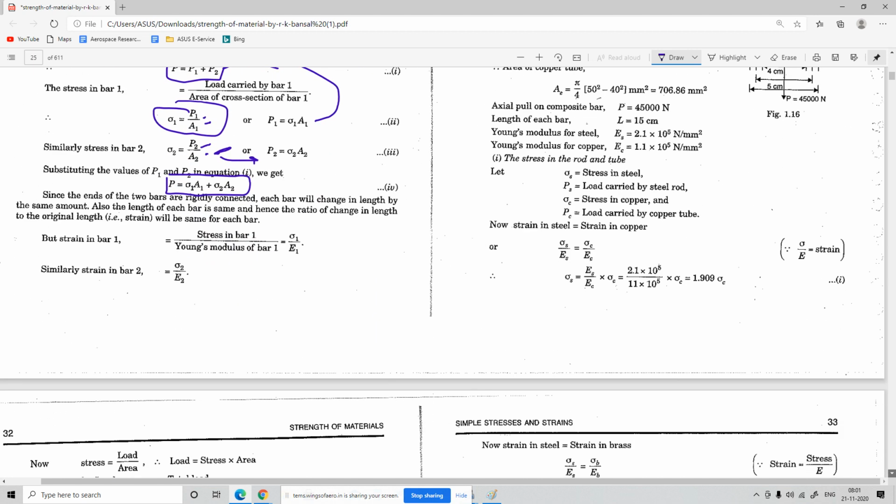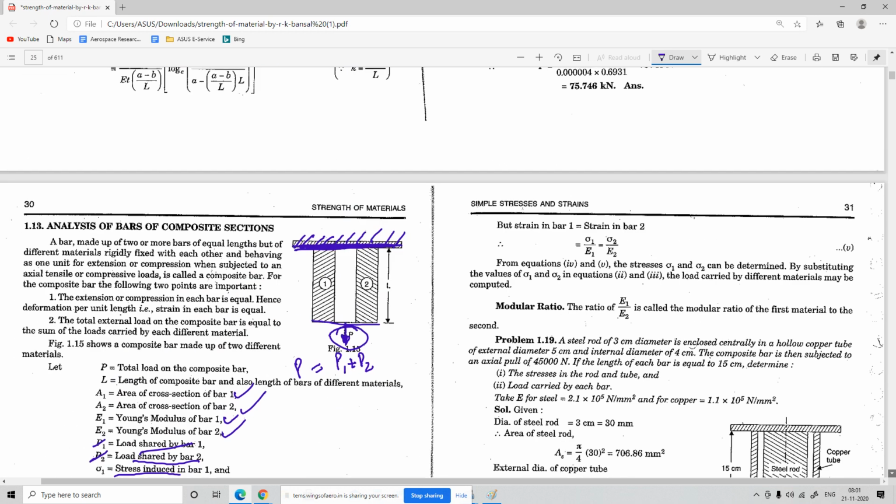So the strain for bar 1 will be sigma 1 by E1, and the strain for bar 2 will be sigma 2 by E2. Since they are attached in the same fixed zone and pulling in the same form and the length is the same, the strain in bar 1 will be the strain in bar 2.